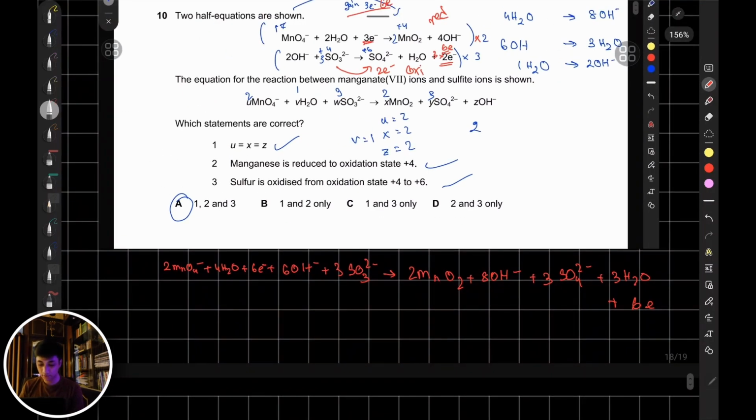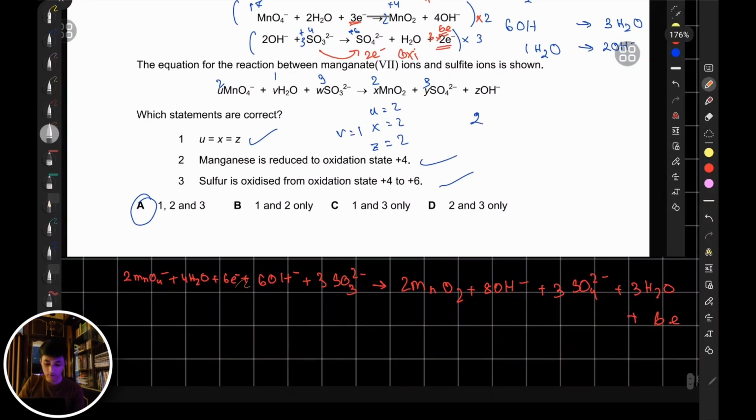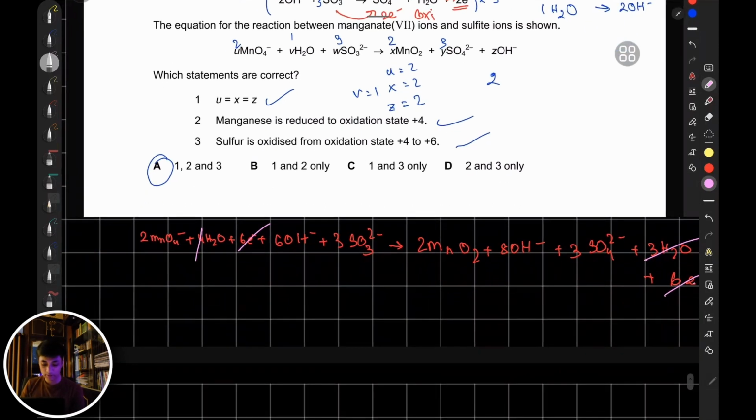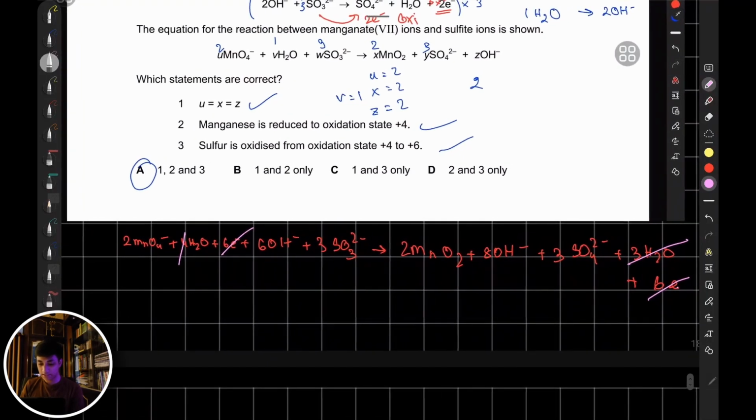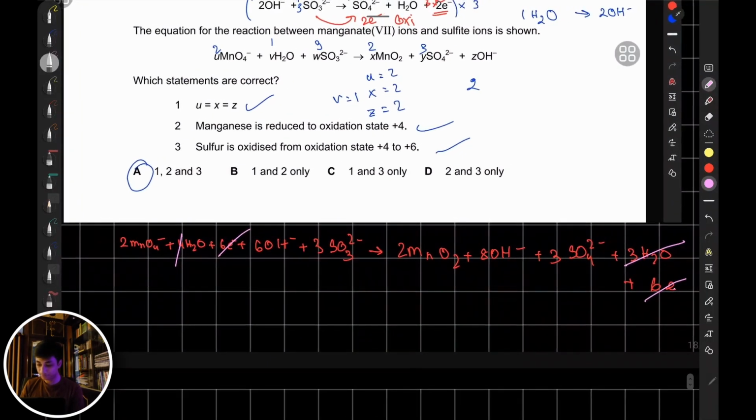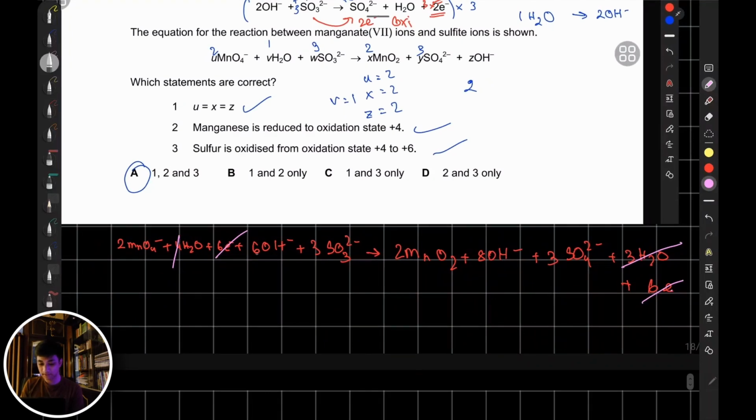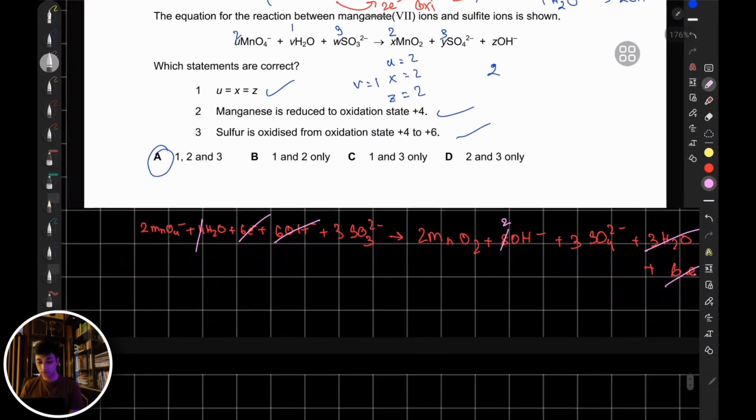You can cancel the number of electrons. So you can simplify the number of water molecules. There are 3 on this side, 4 on this side. So let's go to 4 minus 3, because 1 will be left. And what else can you simplify? OH minus. There are 6 on this side and 8 on the other, so let's write it as 2 OH minus.